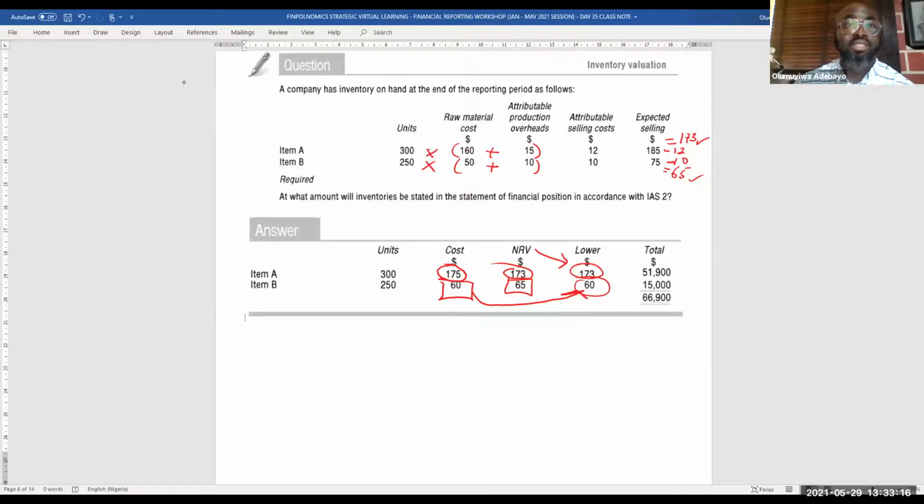Now, on that premise, we'll now value this inventory, which means 173 times 300 and 60 times what? 250 will give us this amount respectively. And I believe that is all what you guys also have agreed upon. Is that okay? Yes, sir.